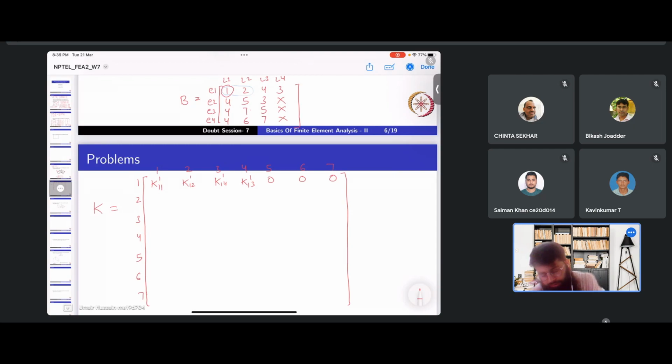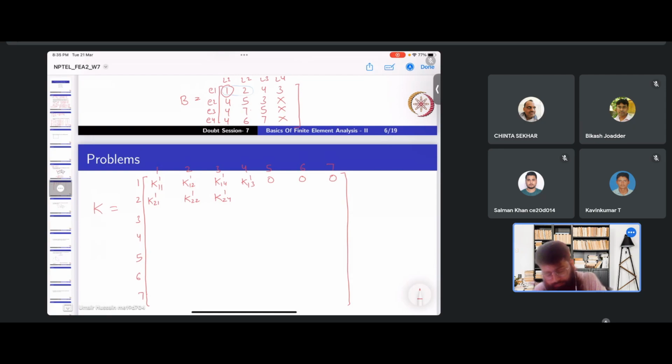So 2 1 is from element 1. 2 2 is again the second local node of element 1. 2 3 is there; 2 and 3 are both part of element 1, so 2 is at local node 2 and 3 is at local node 4.